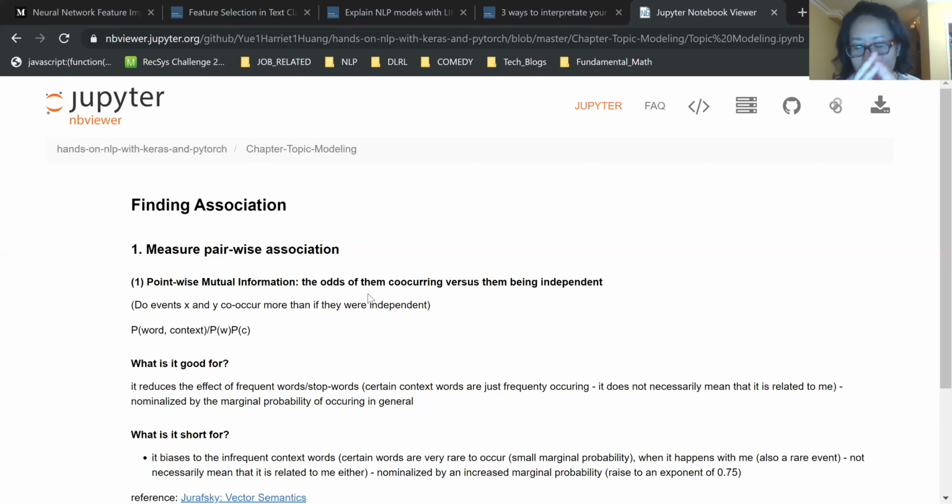And then in each of these smaller baskets, these smaller themes or smaller topics, you want to be able to say which items are associated together to form each individual basket or topic. Therefore, the first thing that we need to do in topic modeling is, how do we find association?